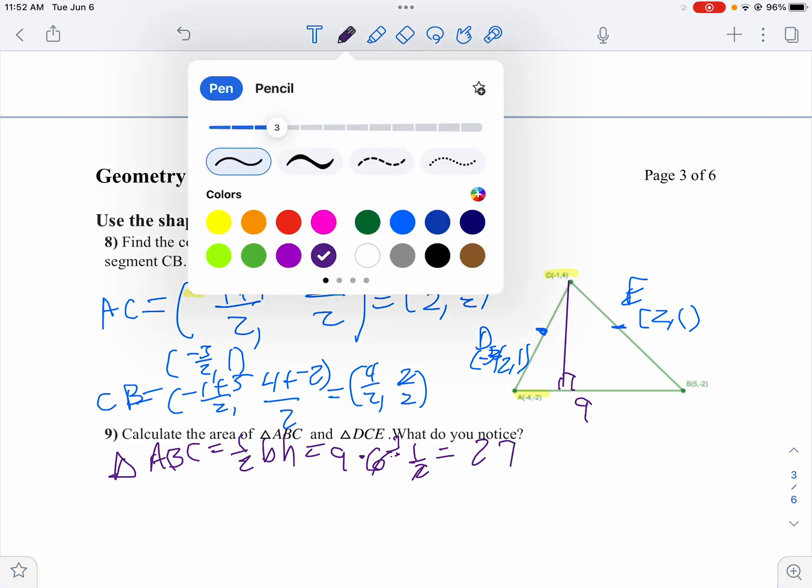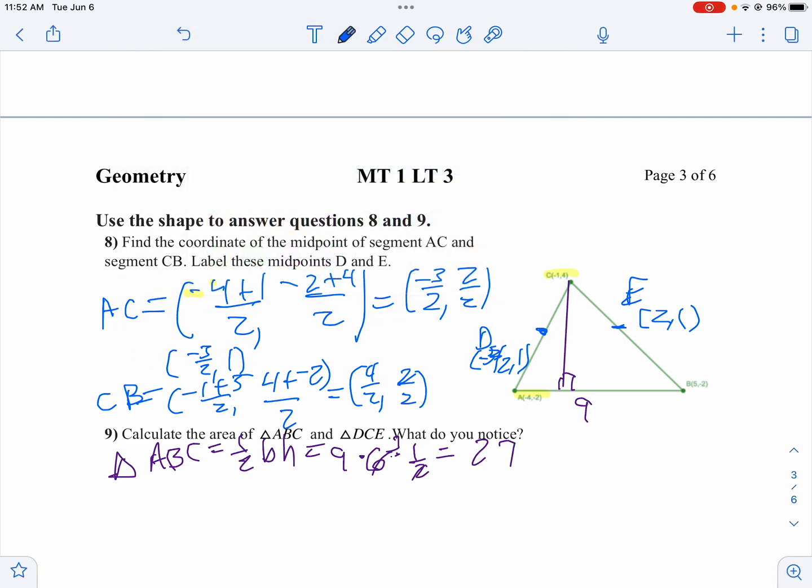Now I'll do the same thing for triangle DCE, which means I'm going to draw in D to E so I can see that. So once again, it's 1/2 base times height. So 1/2, I'm going from -3 halves to a +2.